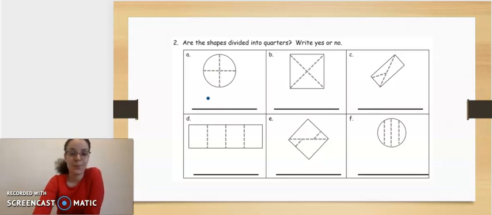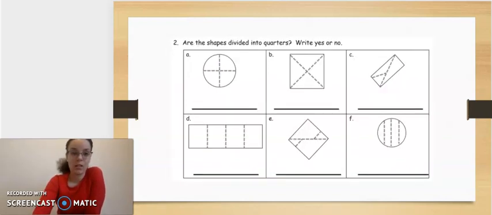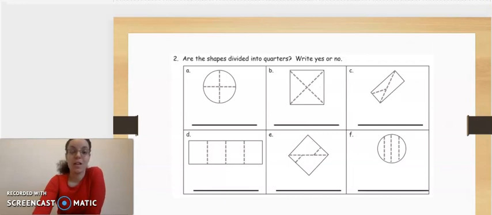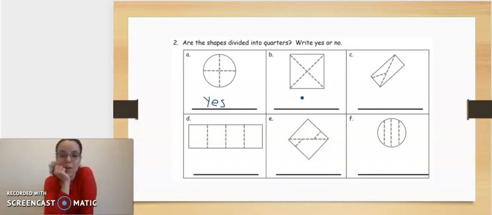How do you know? I see one. I see 1, 2, 3, 4 equal parts. So the answer is yes. Is this shape broken into quarters?